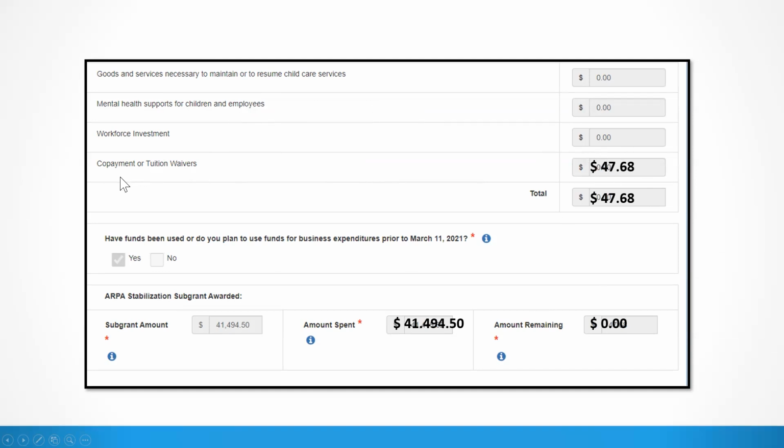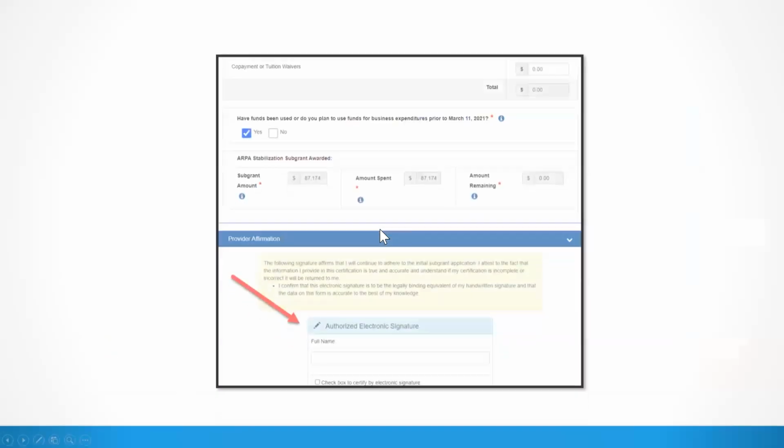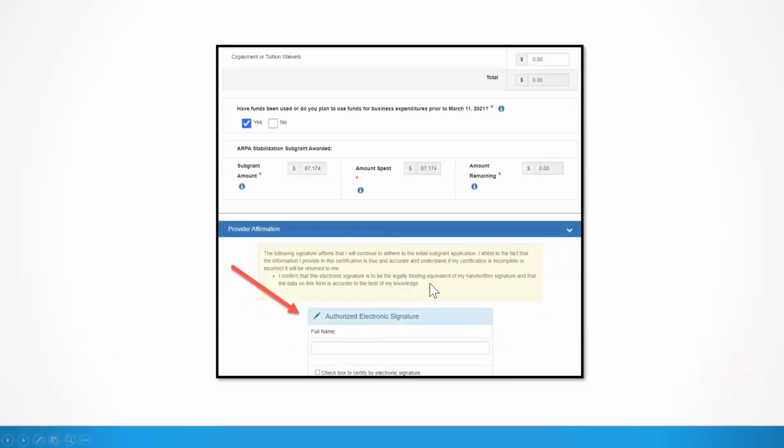In this case, the provider noticed that she spent $47.68 in copayment, so she inputted it in, and the amount remaining now is 0. So both the sub-grant amount received and the amount spent match, and she doesn't have any remaining funds. At this time, she's able to sign electronically and submit.